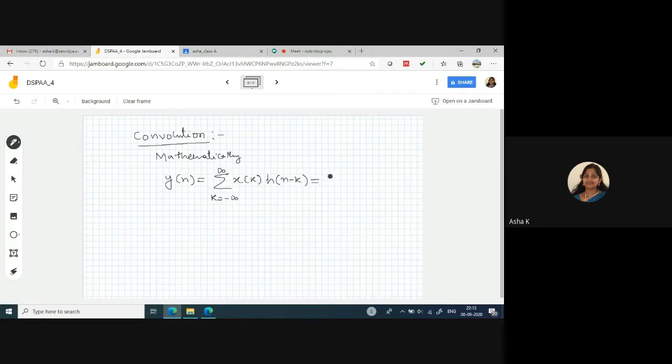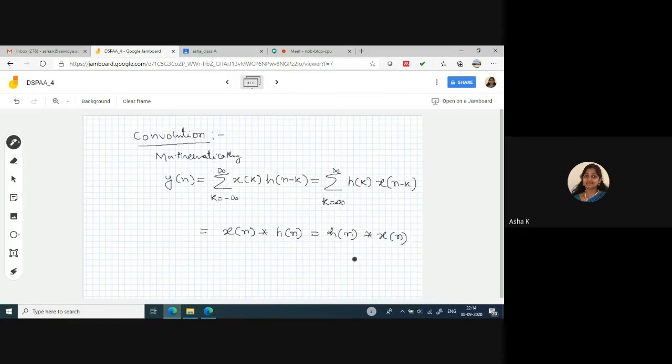This can also be written as summation k equal to minus infinity to infinity of h of k into x of n minus k. We can write this equation as x of n convolution symbol h of n, or h of n convolution symbol x of n.